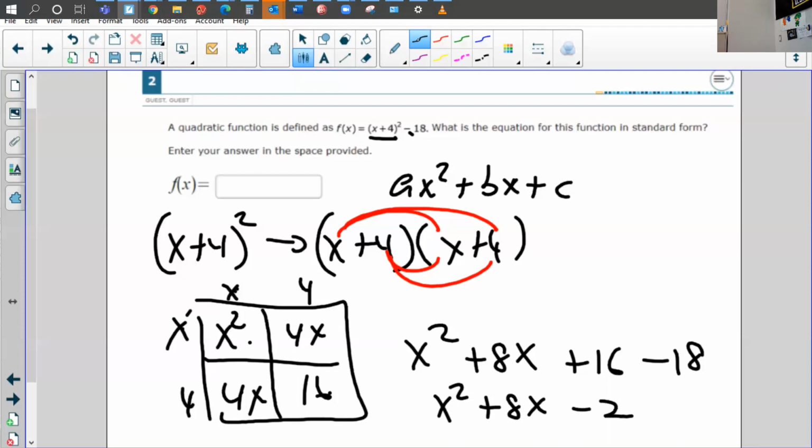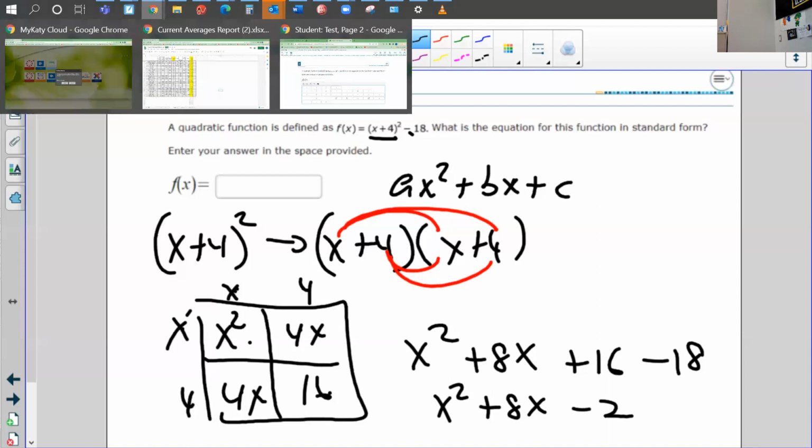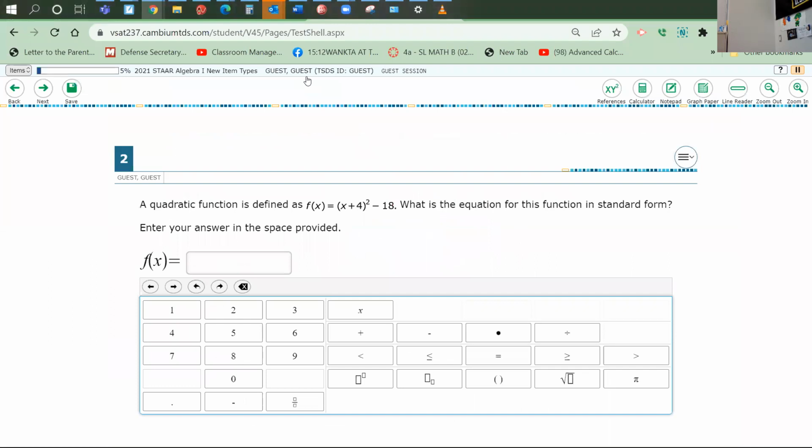So if I go back, I'm going to enter this now. It's going to be 8x, I'm sorry, not 8x. What was it again? X squared, right? X, and then the square. I think there's another one you can use. Okay, I'm going to use this one.